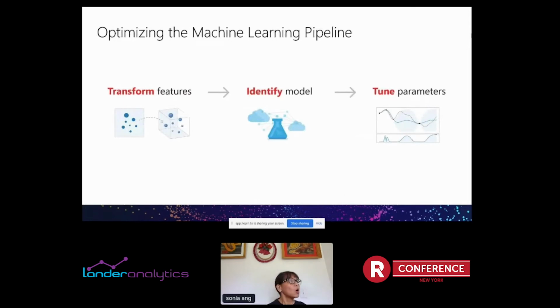Now, let's take a look back at what this process entails. To optimize a machine learning pipeline, a data scientist must find the optimal combination of data pre-processing steps, the learning algorithms and hyperparameter settings for the data set to maximize accuracy.